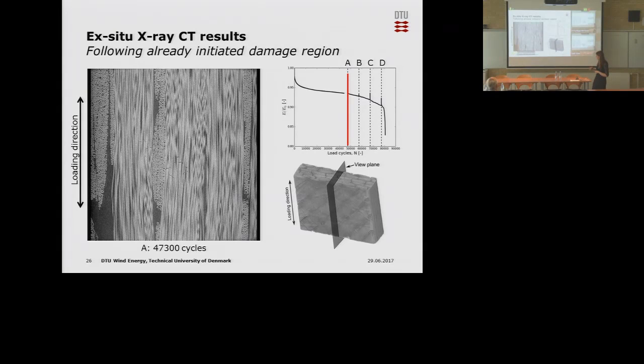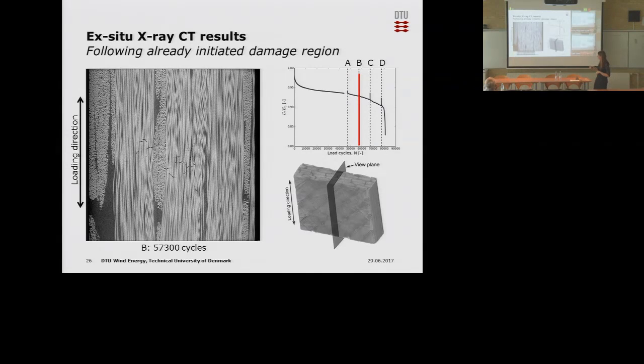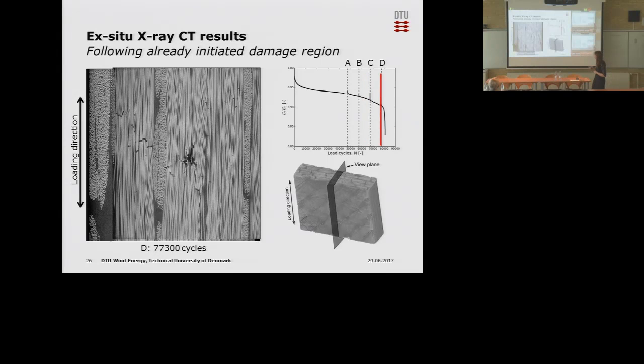And then this is around 50,000 cycles, so if we cycle this 10,000 cycles more in this case, then the damage has actually been seen to progress further into the bundles. There is an increased opening also observed with this damage. And with even further cycling, there is more increased opening, further growth, and also a new damage region occurring in the specimen, or at least becoming visible in the specimen.